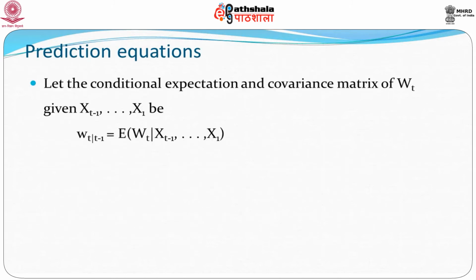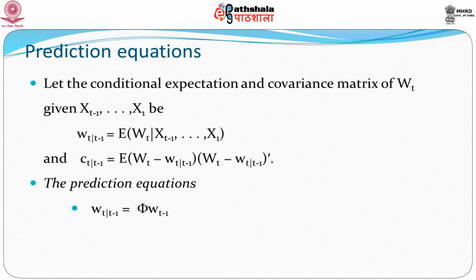Next, let the conditional expectation and covariance matrix of W t, that is the latent variable, given the past values of the observed series x t minus 1 to x 1, be W t given t minus 1. So, in this case, unlike the previous one, this is the expectation of W t given the past, and similarly you can define the covariances in this case as C t given t minus 1.